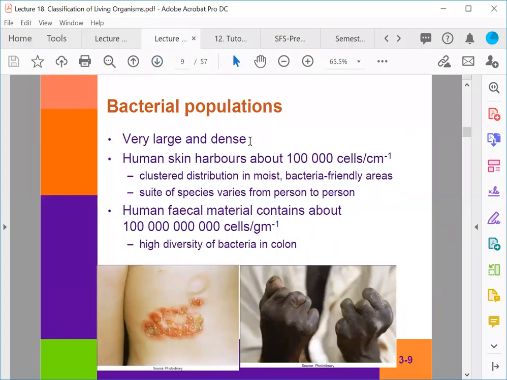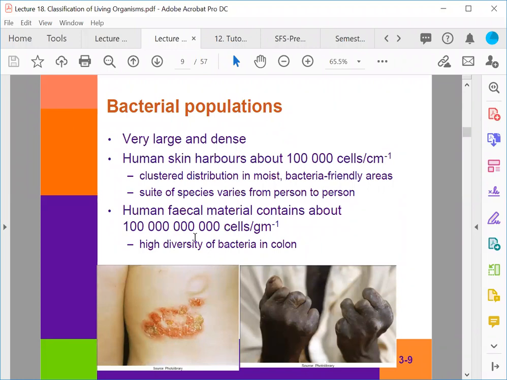All right, so let's consider bacterial populations on the skin and inside the animals of not just humans, but other animals as well. And you can imagine that our bacterial populations are very, very large and very dense. If we look at the number of cells on the human skin, that's nothing compared to what you would find in the gut.